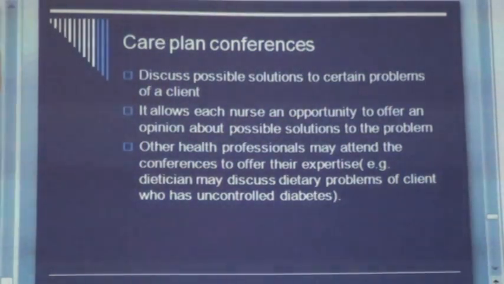It allows each nurse an opportunity to offer an opinion about possible solutions to the problem. So here is some thought exchange. And other health professionals may attend the conference to offer their expertise. For example, a dietitian may discuss dietary problems of a client who has uncontrolled diabetes, and the patient may also participate in this conference.